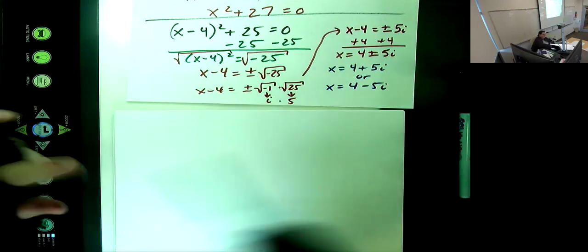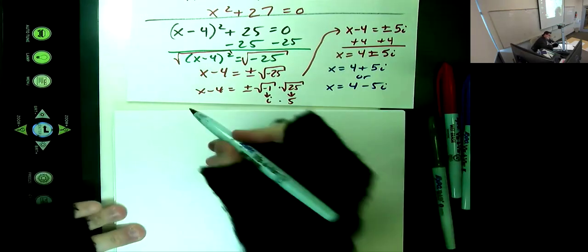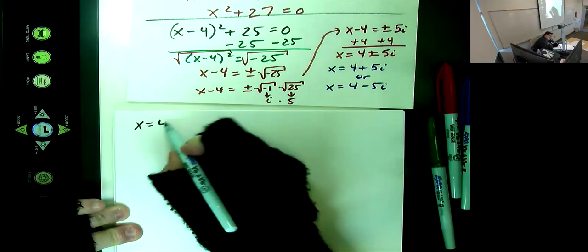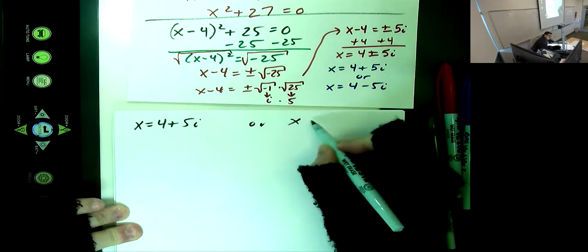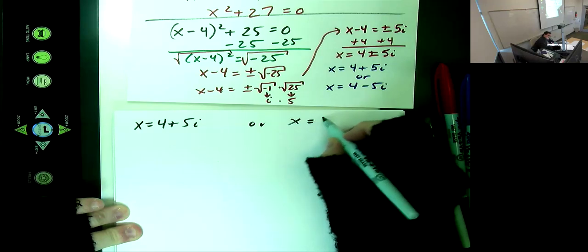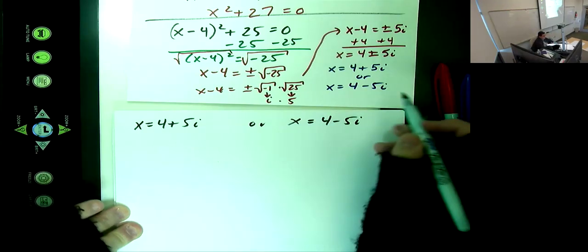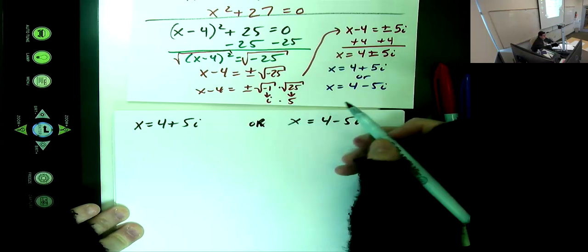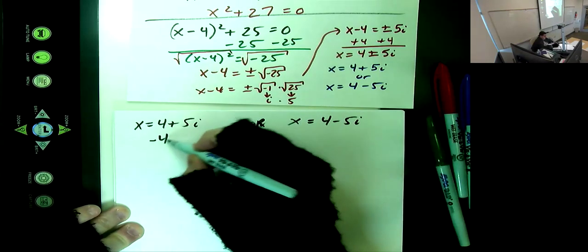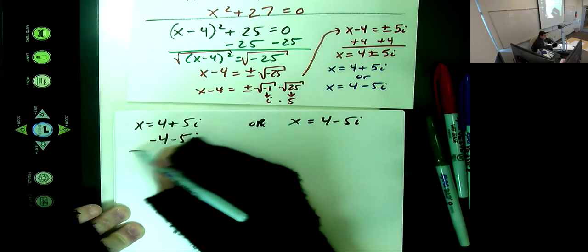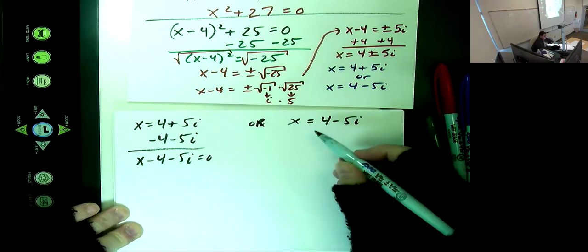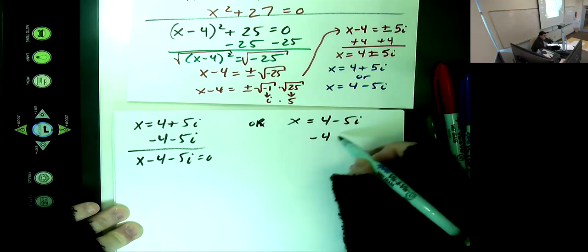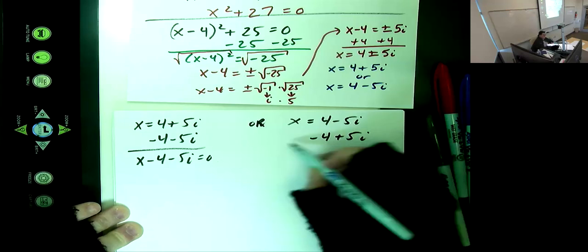So let's work backwards here. I've got x equals 4 plus 5i, or x equals 4 minus 5i. So here I want to subtract 4 minus 5i from both sides. Here I want to subtract 4 and add 5i.